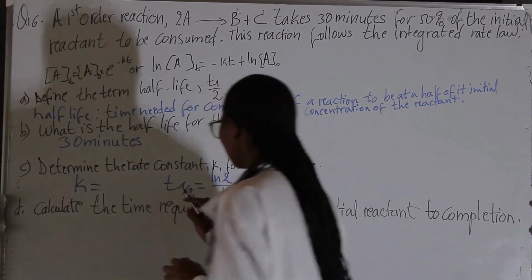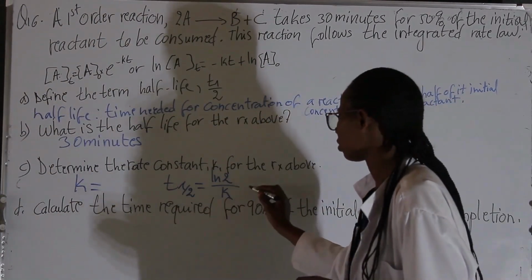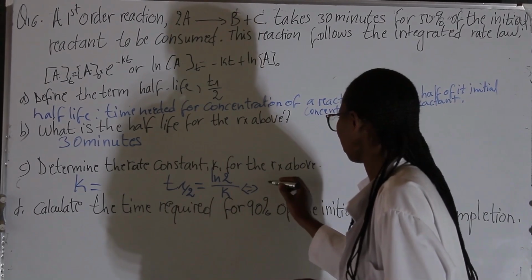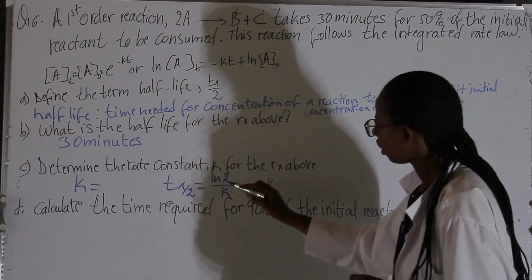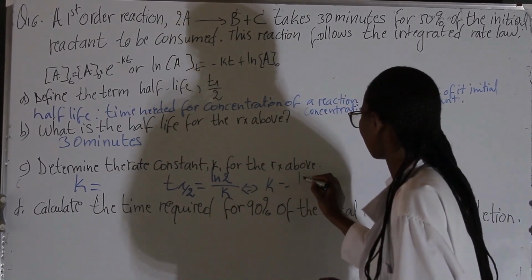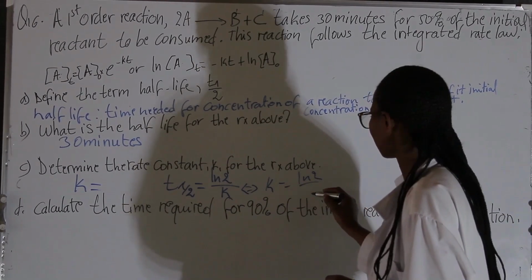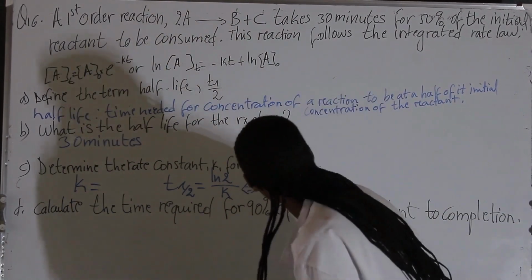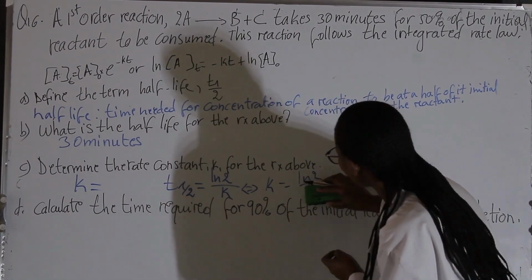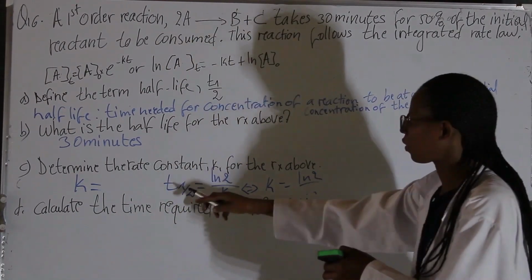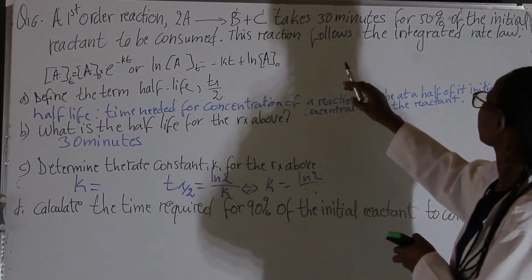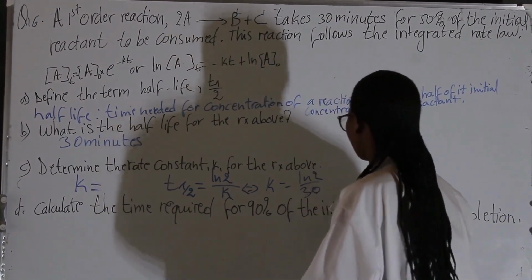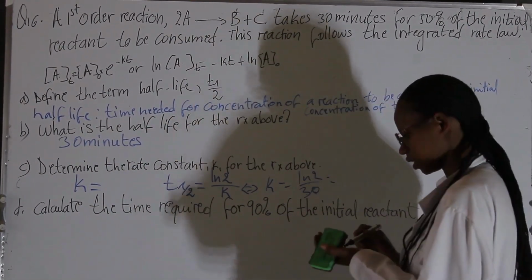This means we can obtain the rate constant. Here the rate constant will be equal to ln of 2 over half-life. The half-life we have here is just 30.